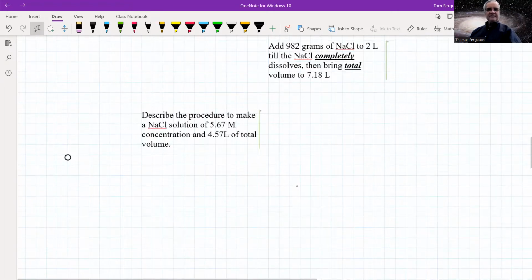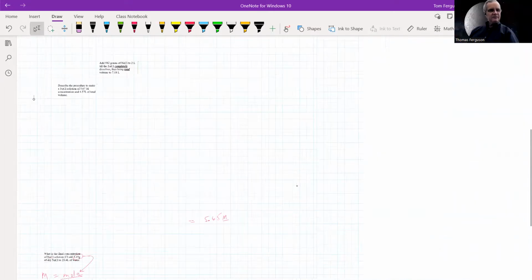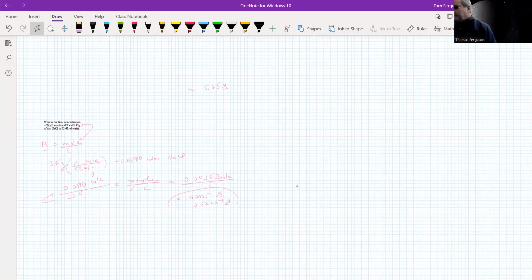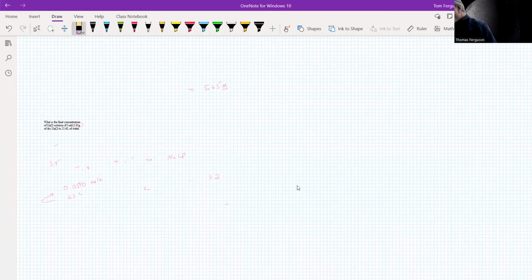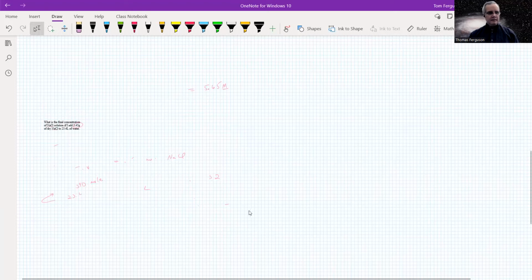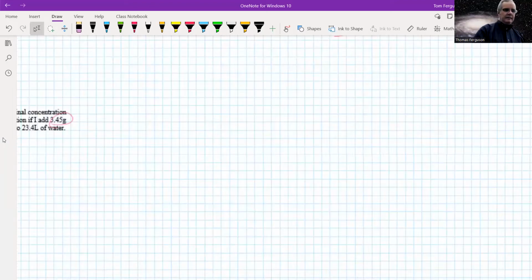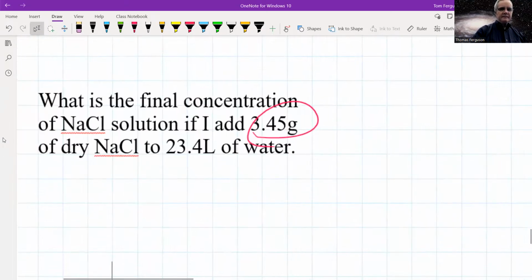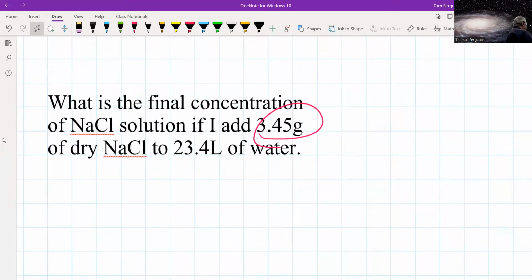Another problem is, we throw in 3.45 grams of dry sodium chloride into 23.4 liters of water. What's the molarity? What's the final concentration? Okay, so it's kind of the opposite of that other problem.